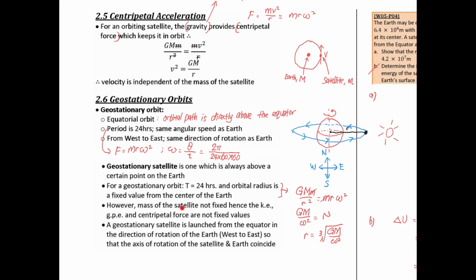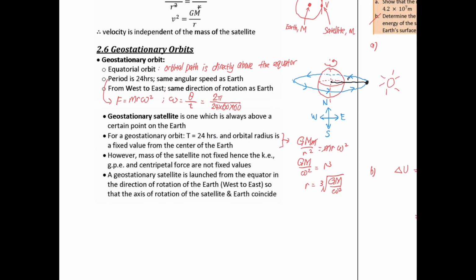Then the other thing is, hence, the kinetic energy is not fixed. This is reasonable. Let's work it out here. We know kinetic energy is 1 over 2 m v squared, where m is the mass of the satellite.